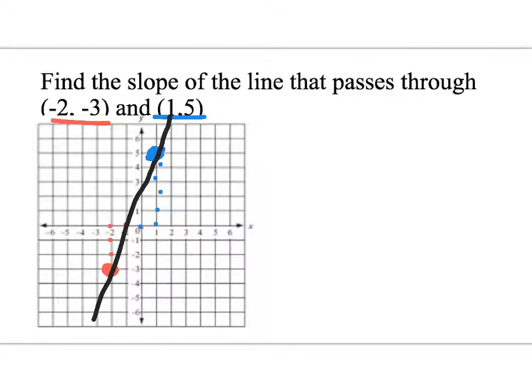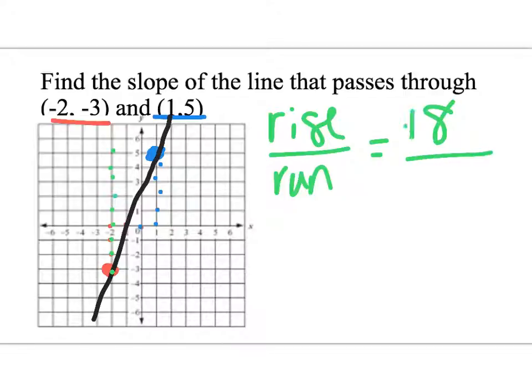Okay, so when you count your slope, you count rise over run. We tell you to start on the leftmost point. That would be the one that I drew in red. So I'm going to start here at this point, and I'm going to count up for my rise and then over for my run. So my rise would be 1, 2, 3, 4, 5, 6, 7, 8.